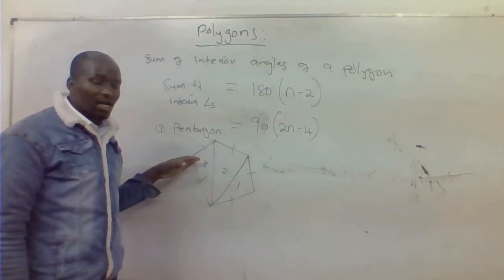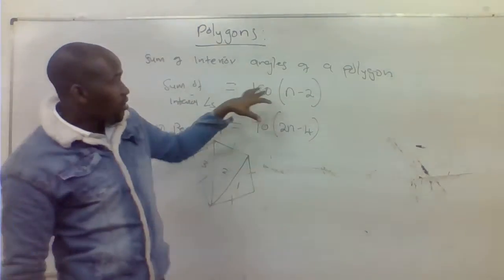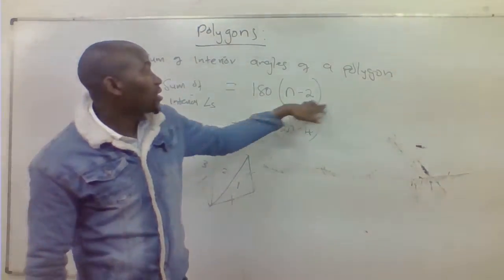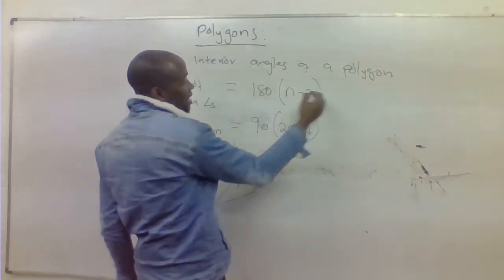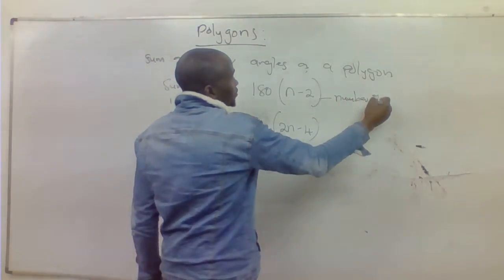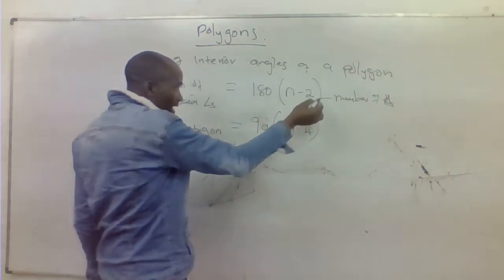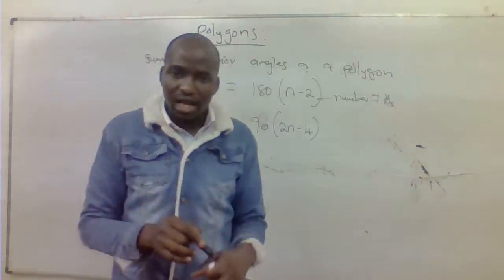The number of triangles, because we know that sum of interior angles of a triangle add up to 180. So I take 180 times the number of triangles. So in this given formula, n minus 2 represents the number of triangles.